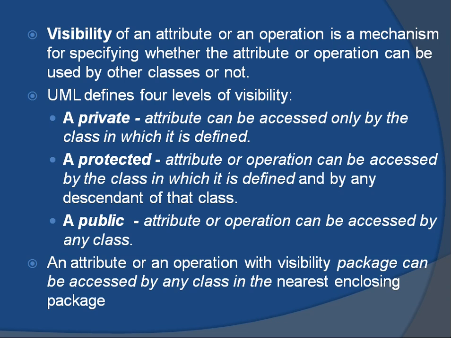Here the attribute or operation can be accessed by the class in which it is defined and by any descendant of that class, that is any immediate derived class. The third one is public. An attribute or operation can be accessed by any class if we define its visibility as public. An attribute or an operation with visibility package can be accessed by any class in the nearest enclosing package.